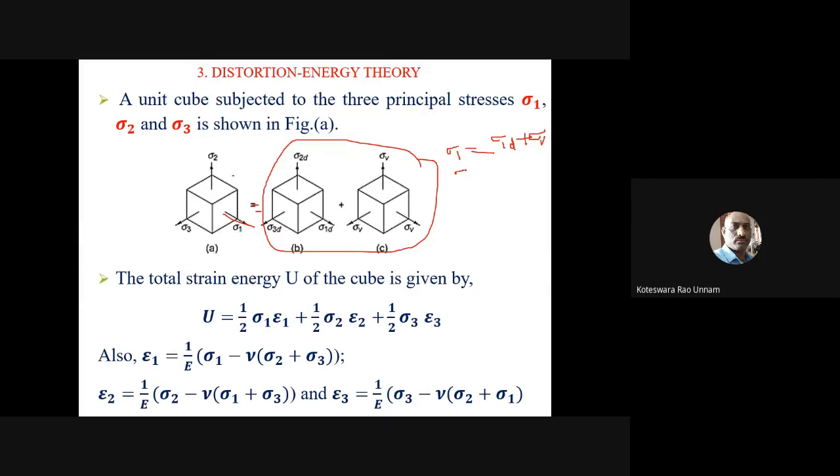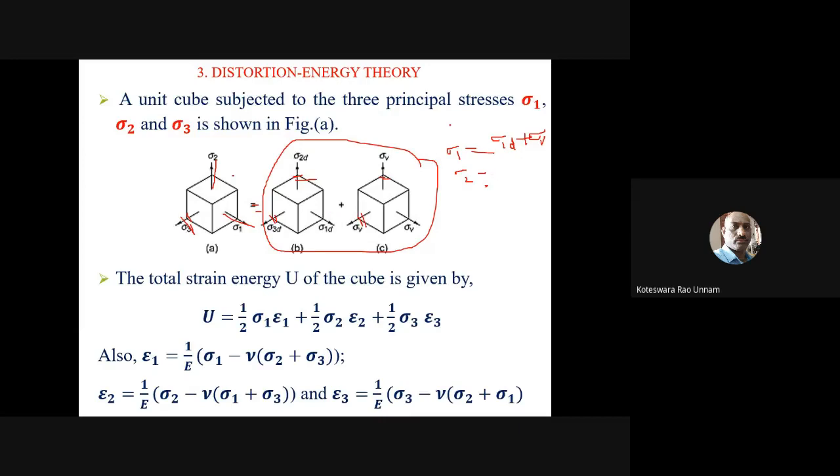Similarly, sigma 2 is equal to sigma 2d plus sigma v. Similarly, sigma 3 is equal to sigma 3d plus sigma v.